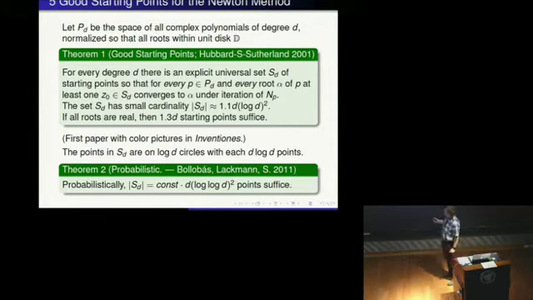And that set can be quite small. If you want to find d roots, you have to have at least d points, obviously. Then there's a fudge factor of log d squared times an explicit constant 1.1, which isn't very big. And if all the roots are real, then indeed 30% more starting points than roots suffice. So that's, except for a constant, best possible.